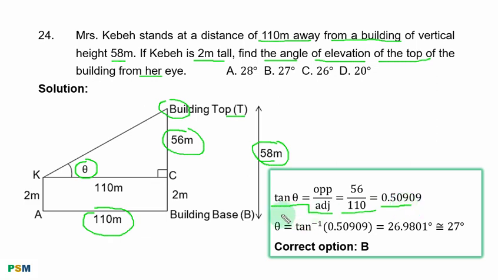To get theta, take the inverse of tangent of both sides and you have 26.9801 degrees. To the nearest degree, you have 27 degrees. The correct option is B.